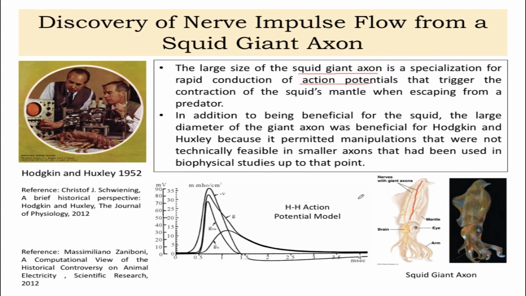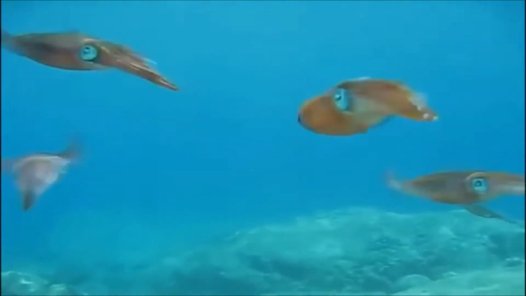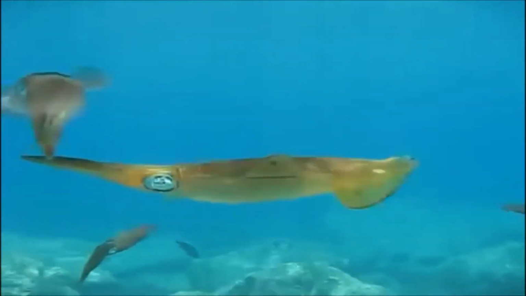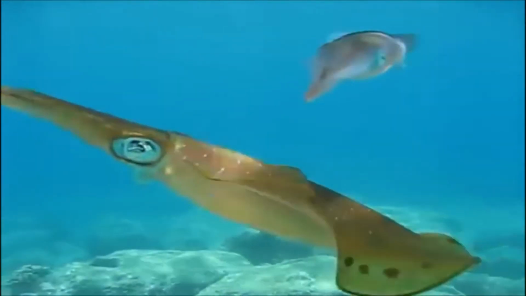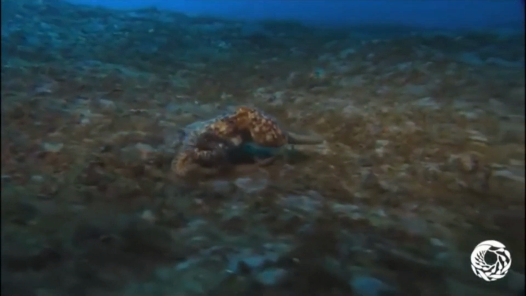So let us look into how generally the squids actually propel. As you can see, this is how a squid is generally propelling, and at that time it does not use much of that giant axon that is there for the squid. Okay, so this is how they are tracking.